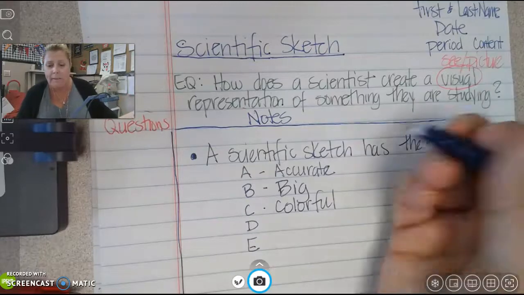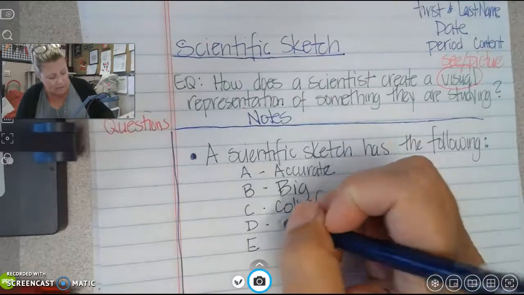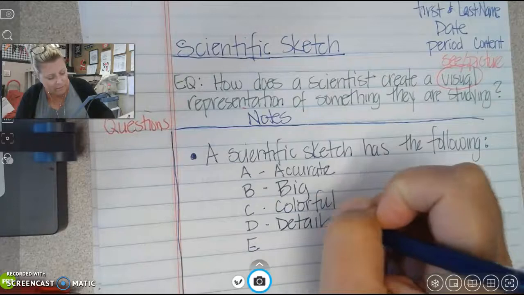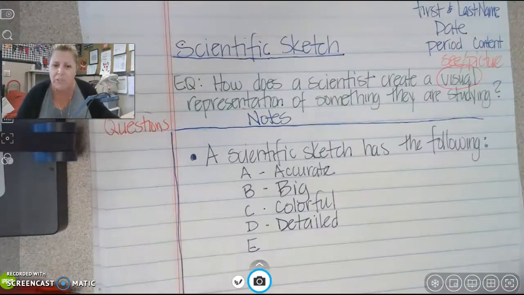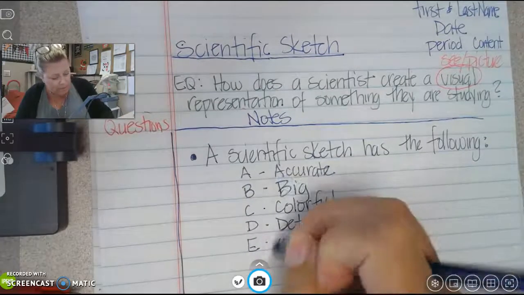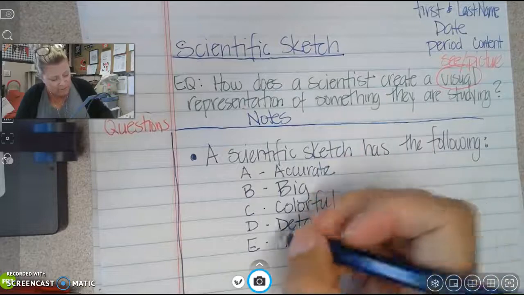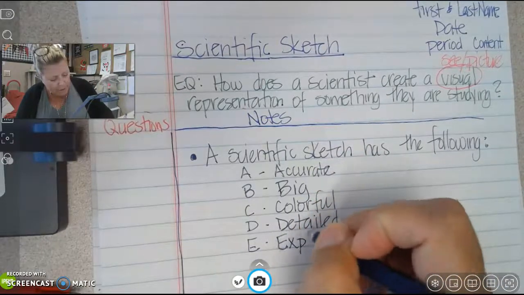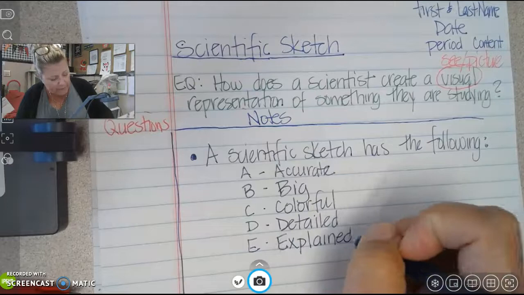I see it. Another one is detailed, and that also goes with everything else. If I put your leaf in a box with a bunch of leaves, I should be able to find your leaf by looking at your picture. And then explained means all of those details, or all those labels and everything are on there along with a title and everything, and we're going to get into that.